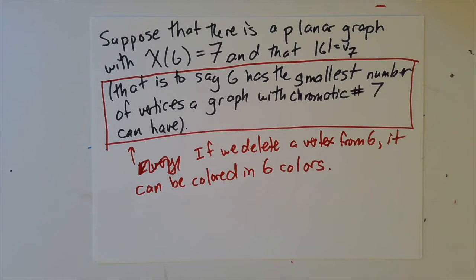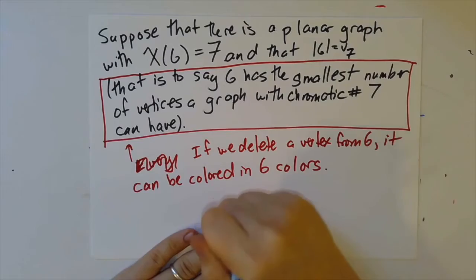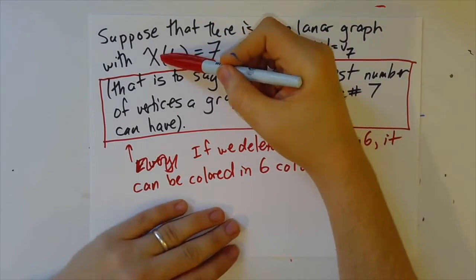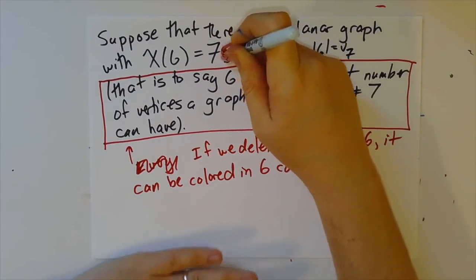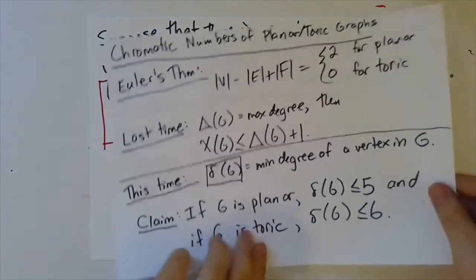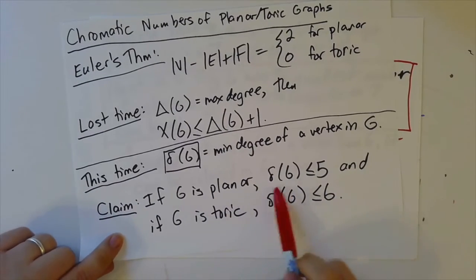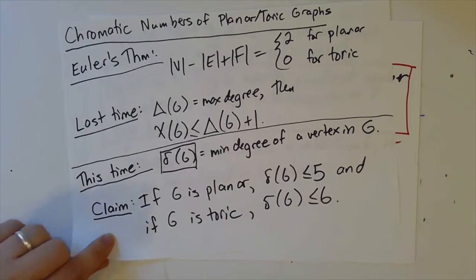So here's where we put this whole circle of ideas of taking the smallest graph whose chromatic number is 7, together with the thing we proved before, which is that if you take a planar graph, there's always a vertex of degree 5 or less.